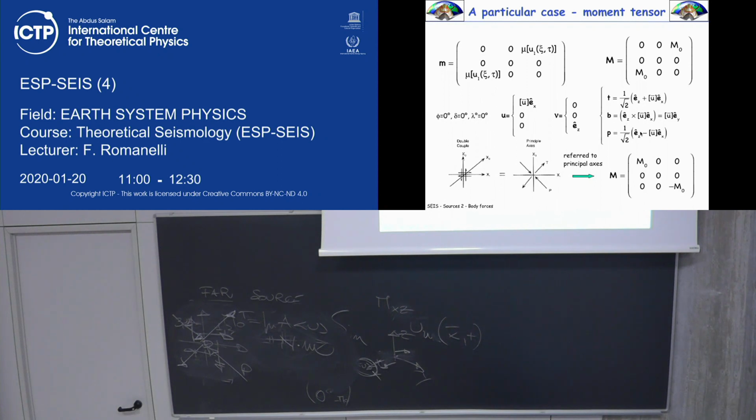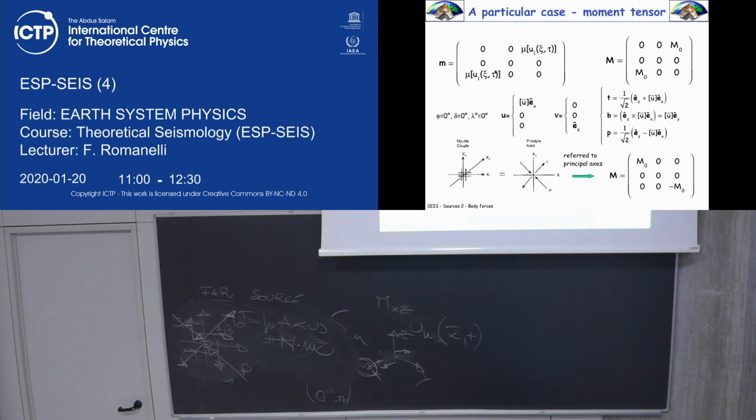Good. Well, you can write them now using the other set of coordinates in terms of M_pq. So the density of a moment tensor, for example, is mu times this average, and it is 1, 3, 3, 1.